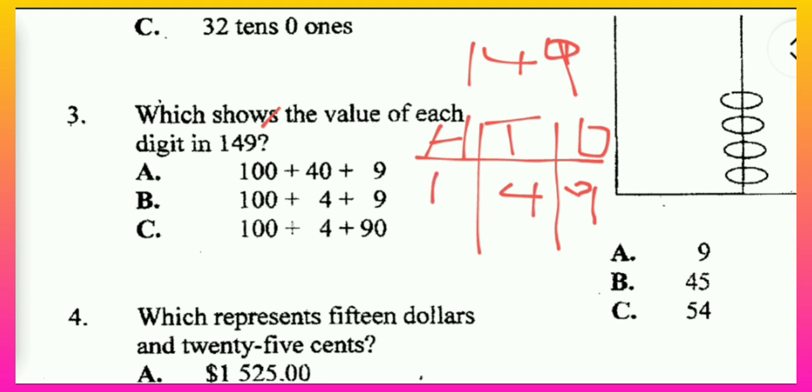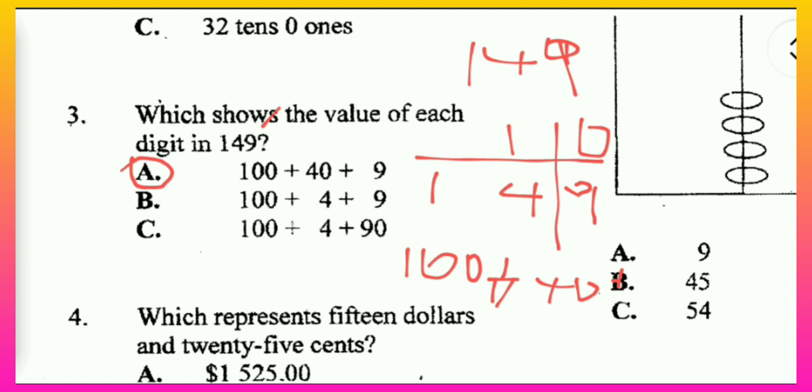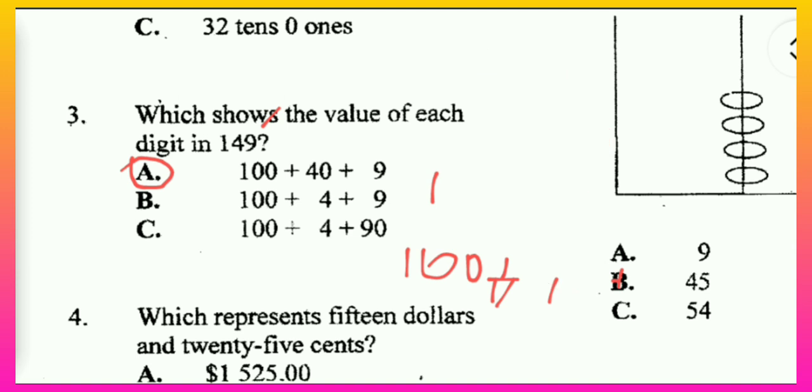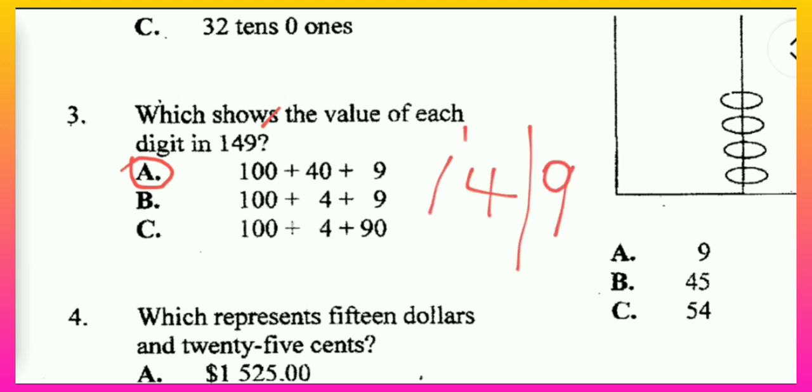Okay, now 1 is in the 100, so we're looking for a 100, plus 4 is in the tens, 4 tens is 40, plus 9 is in the ones column, so 100 plus 40 plus 9 is at A. The answer is A. Another way you could do it is to just put down your 149 as they have it. So you'd put down 149 and you could quickly just draw your table over it. Ones, tens, hundreds, and you would get it.